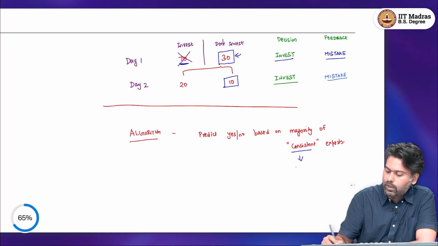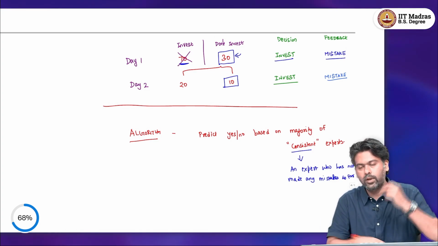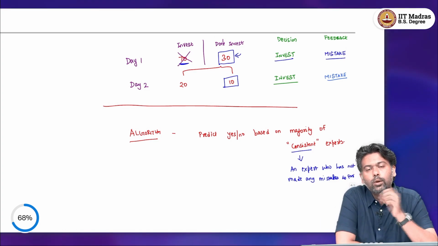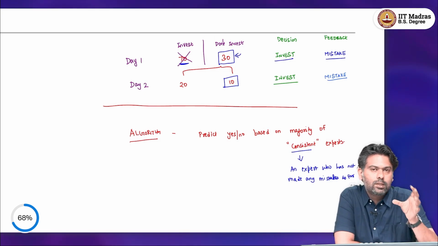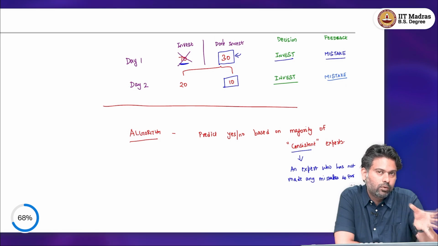A consistent expert is an expert who has not made any mistake so far. If an expert makes a mistake at some point, I do not have to consider that expert anymore. I only have to consider experts who have not made mistakes so far.